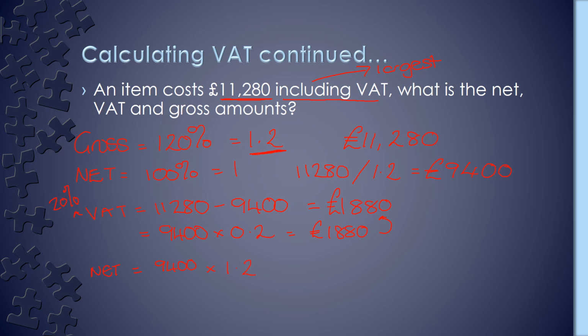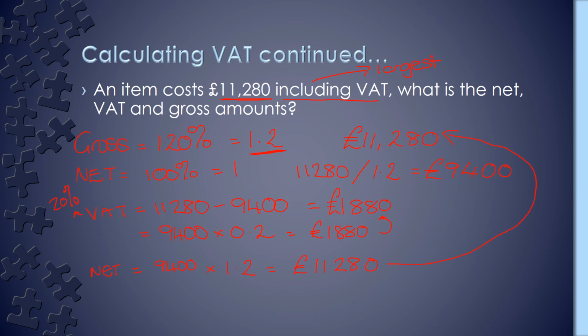So we can multiply our net of 9,400, doing it together with you, and that will bring you back to the original amount that you were given for your gross. So hopefully that makes some more sense for those that are including VAT.